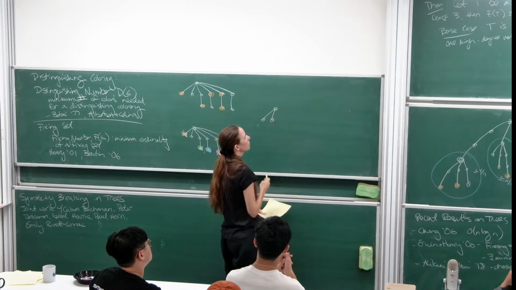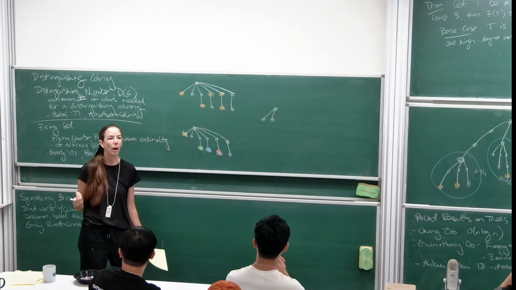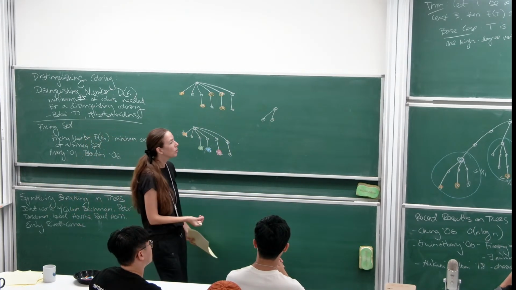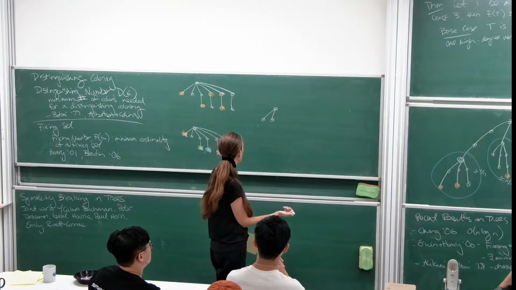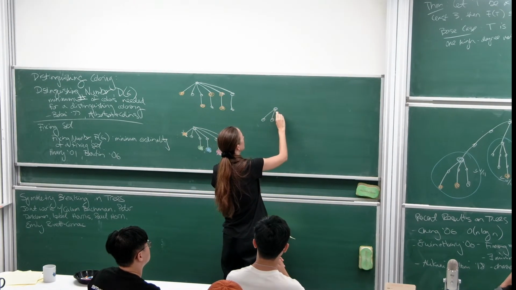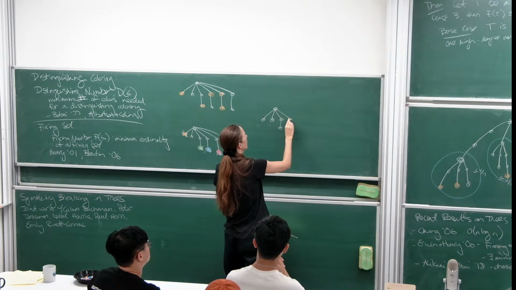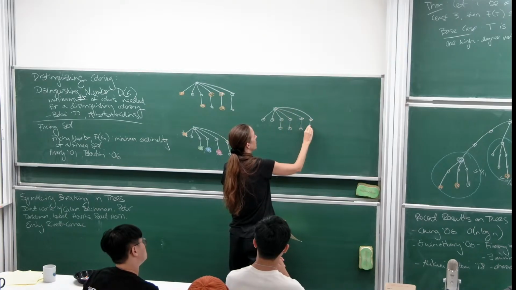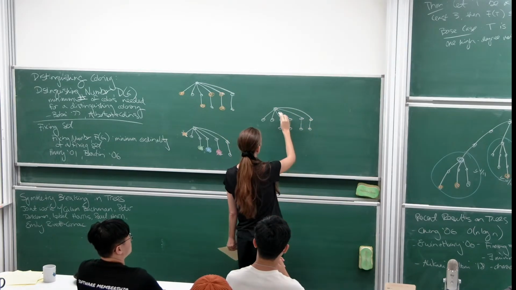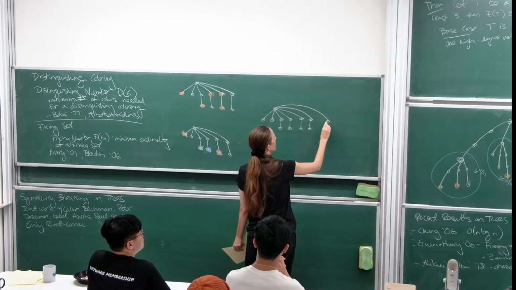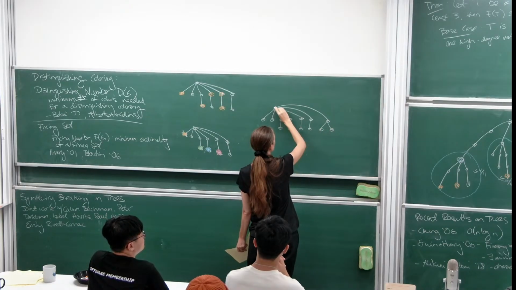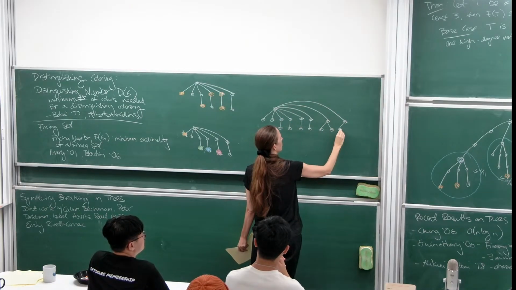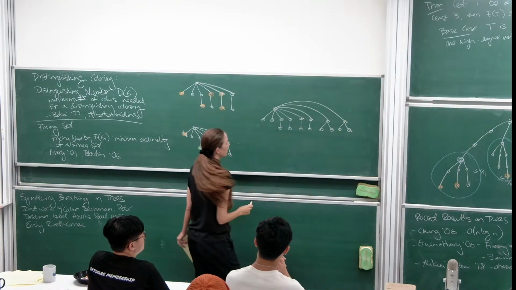They looked at two-distinguishable trees with bounded radius. When the radius was 1 or 2, they actually just listed all of the trees that satisfy this two-distinguishability and bounded radius. The largest such tree, based on the order of the graph, was this one.